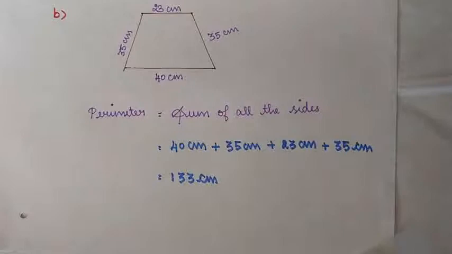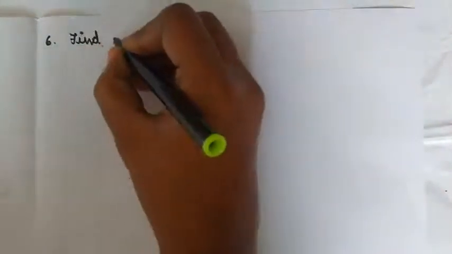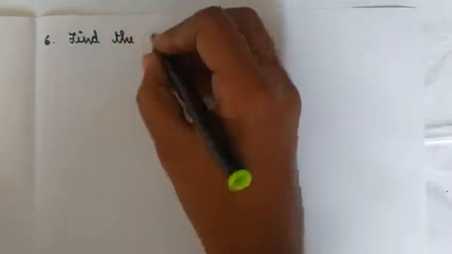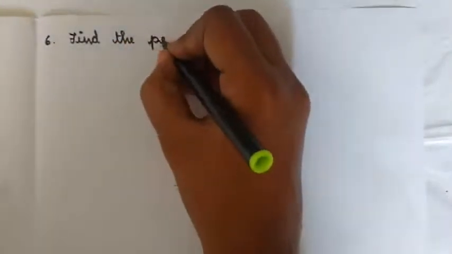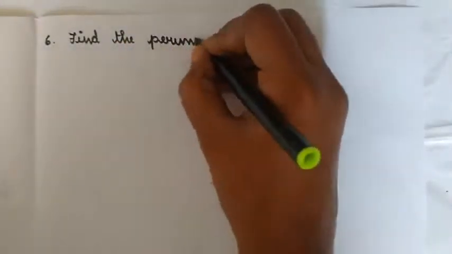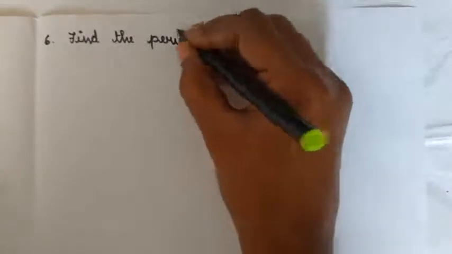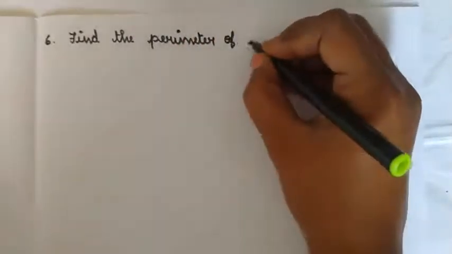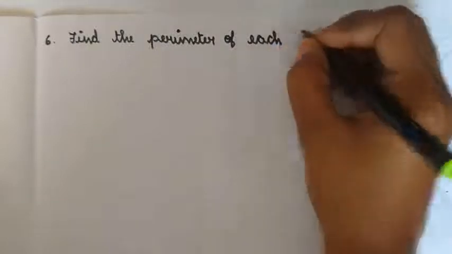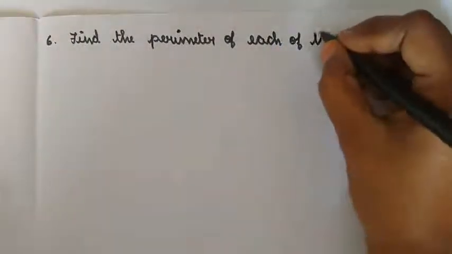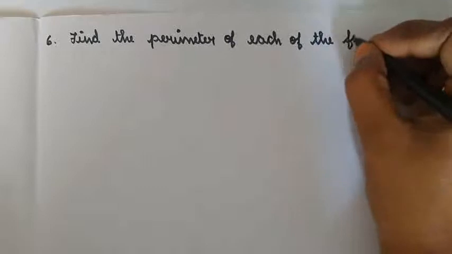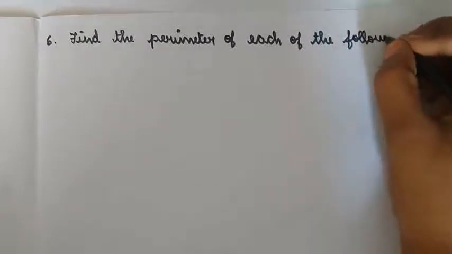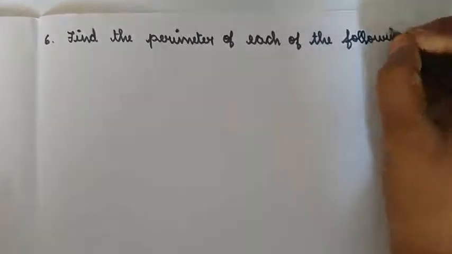Question number 6. Find the perimeter of each of the following shapes.